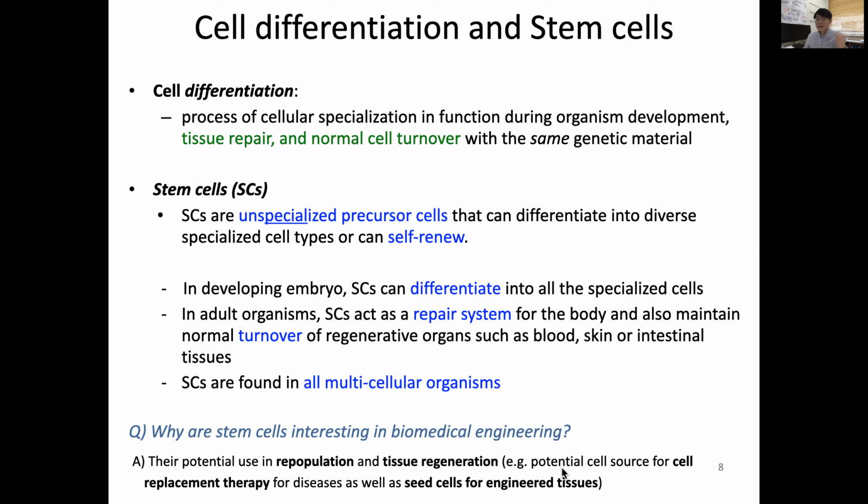So a potential cell source such as stem cells is very important, and cell replacement therapy for diseased tissue, also for creating engineered tissue, such as, let's say, skin replacement for burn patients. And as a seed cell, stem cells would be very interesting to us.